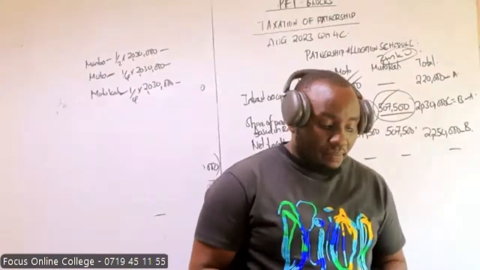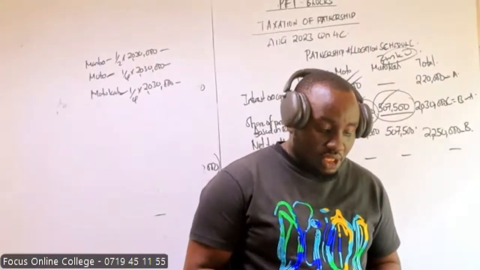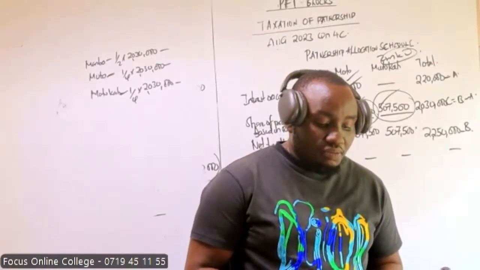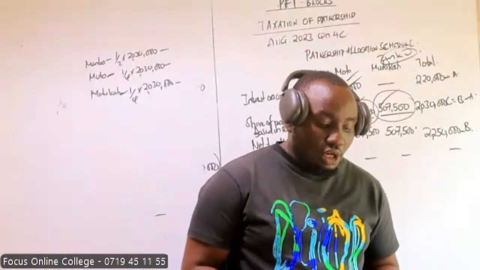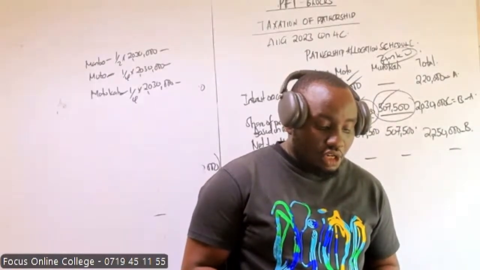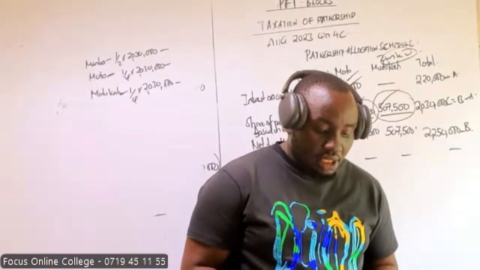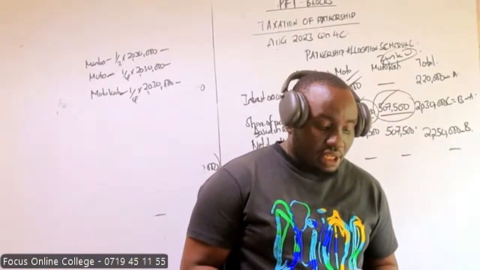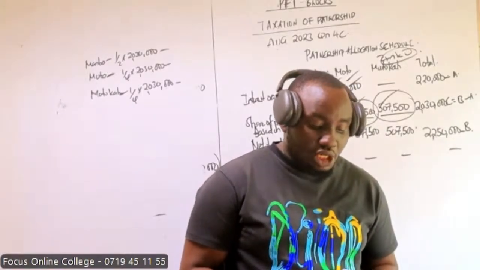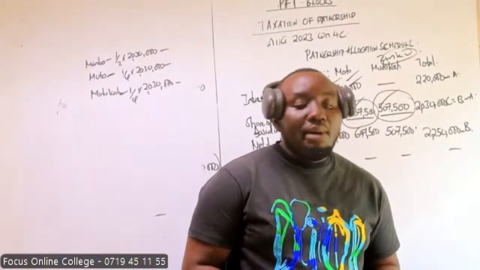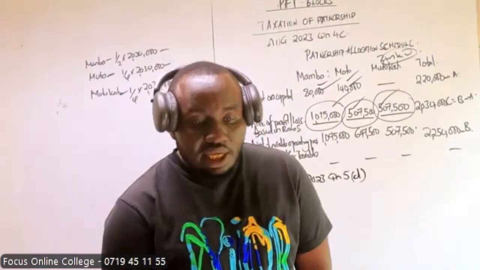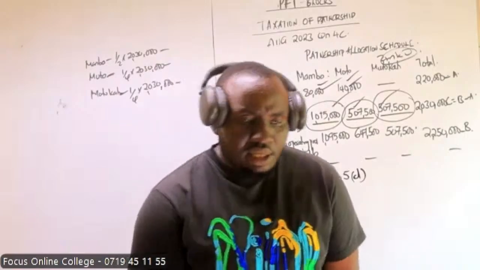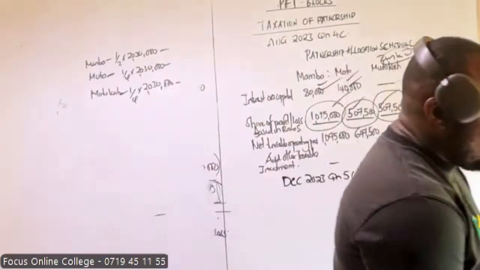So then we have the cost of carriage of machine to the premise, which amounted to 34. How are you going to treat that carriage?